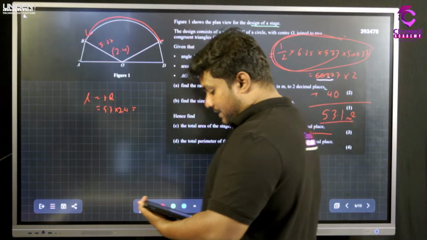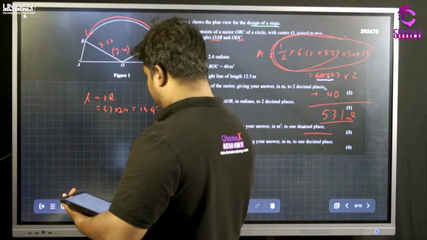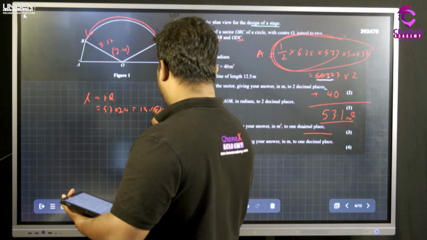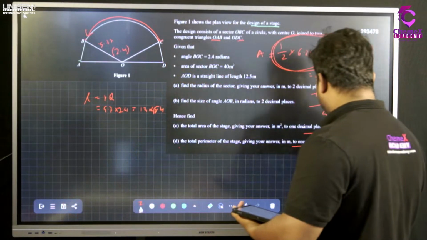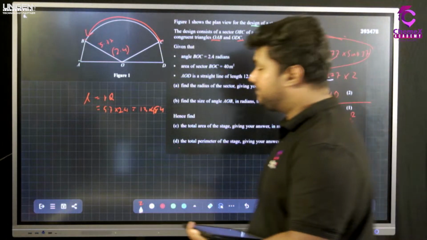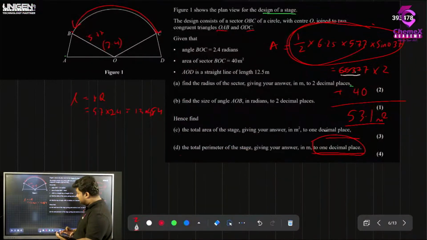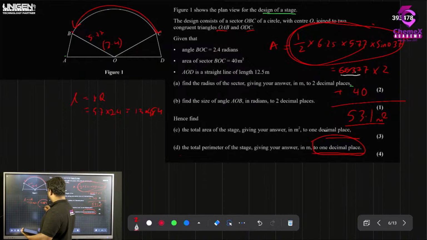So the BC is 13.484. I'm taking it for more decimals, because at the end it's one decimal. You understand the reason for taking more decimals here? That's the reason. Okay, that's 13.484. Now that is only this distance.